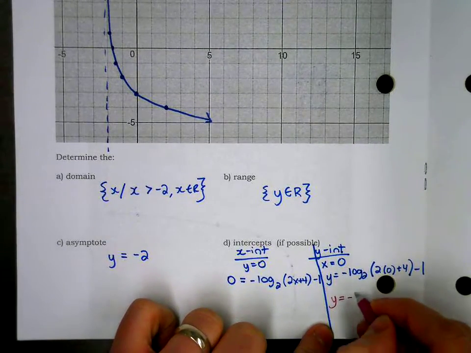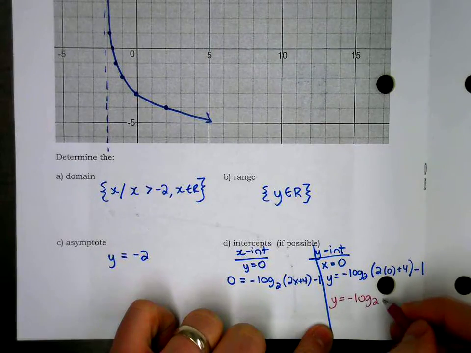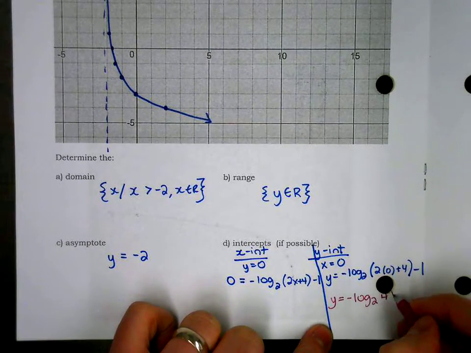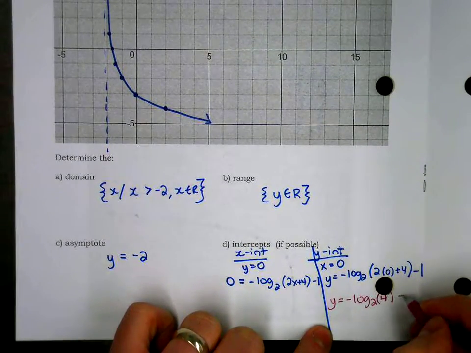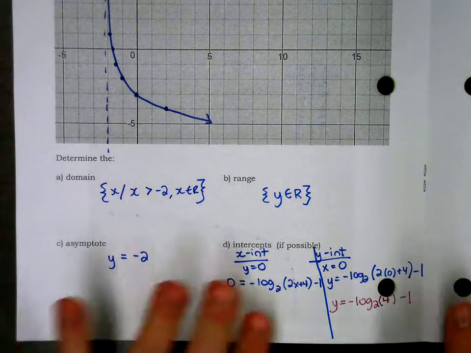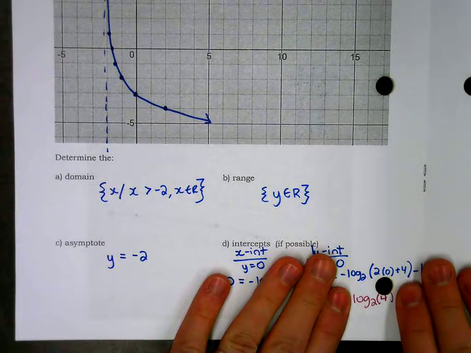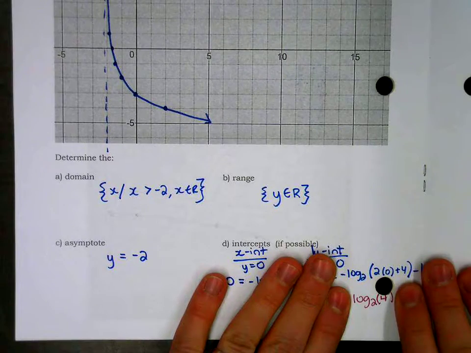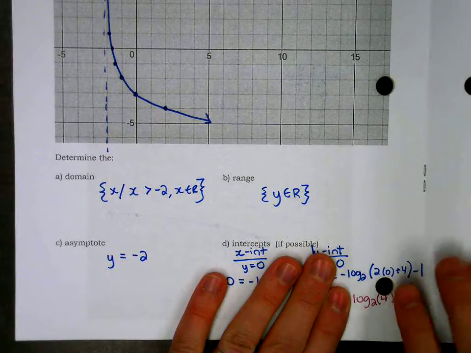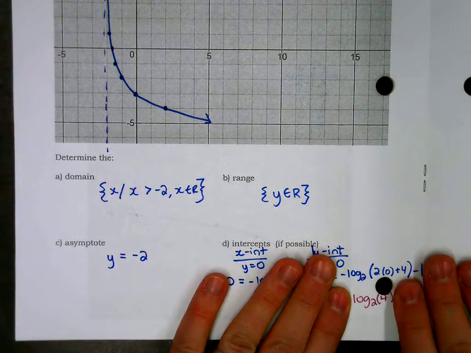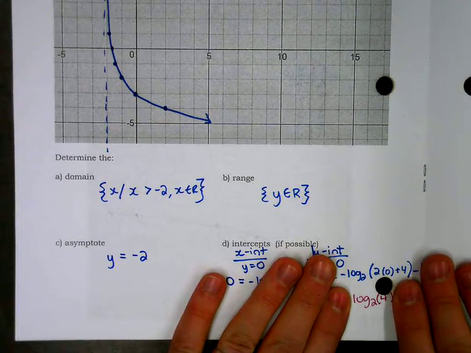And what we end up with is a negative log base 2 of 4, subtract a 1. If you were asked to evaluate log base 2 of 4 from last day, you might say 2 to the what is 4? And you might say 2 to the 2 is 4. The answer for this expression is 2.